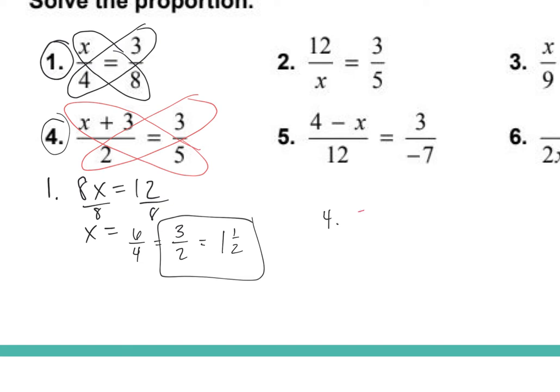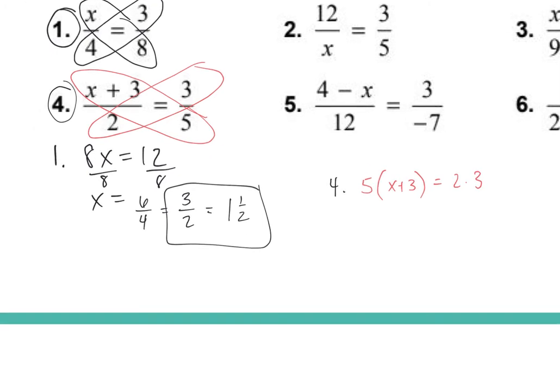So this is going to be 5 times x plus 3 equals, what's the other side? Yes, 2 times 3 or just 6, okay? What do we do with the 5? Distribute it. So this is going to be 5x plus 15 equals, and just like Noah said, it's 6 on the right.